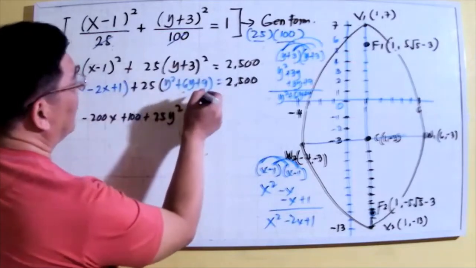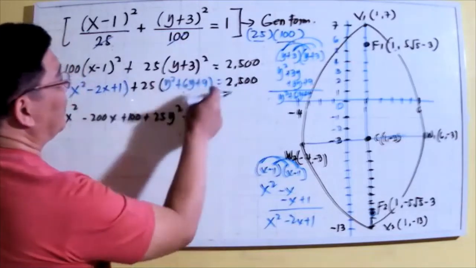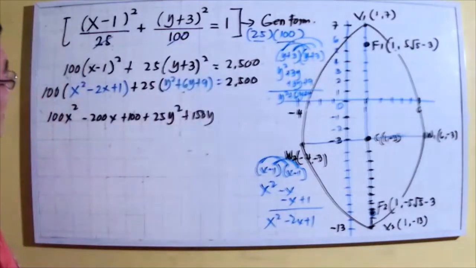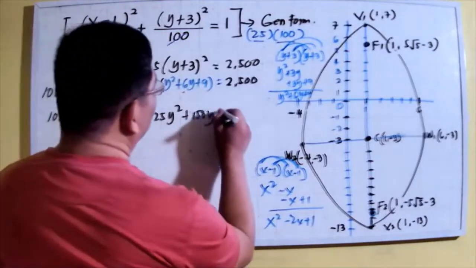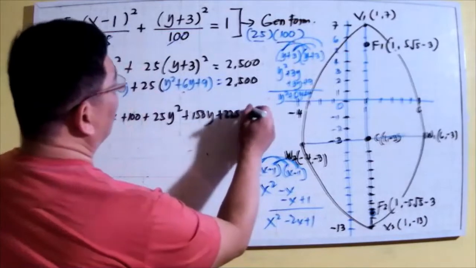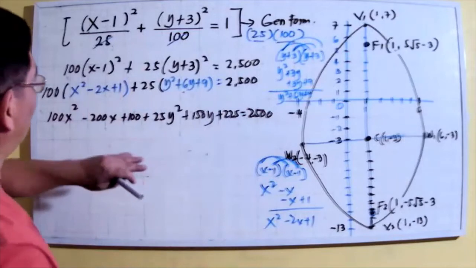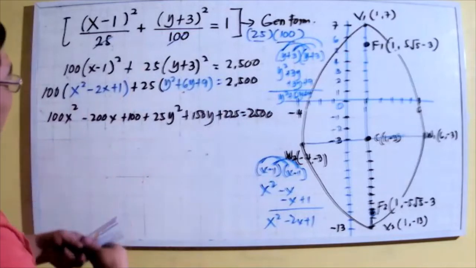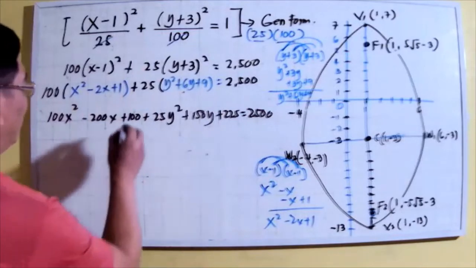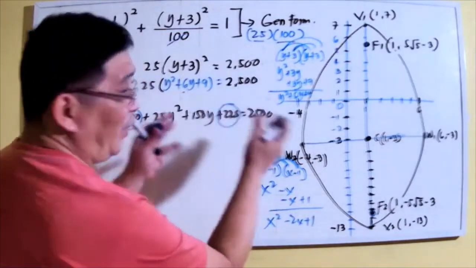Then 25 times 6, that is plus 150y. 25 times 9, that is 225, is equal to 2,500. And then combine natin yung constant. May constant tayo rito natira. We have our constant, this one, saka this one. And then equate it to 0.